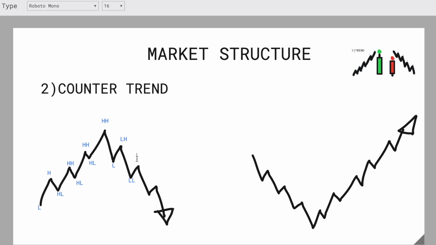This is our lower high. This is our lower low. Lower high, and this is lower low as well. So as you guys can see, here is momentum changing. As price can't break this high, price is shifting to the downside and price is changing.